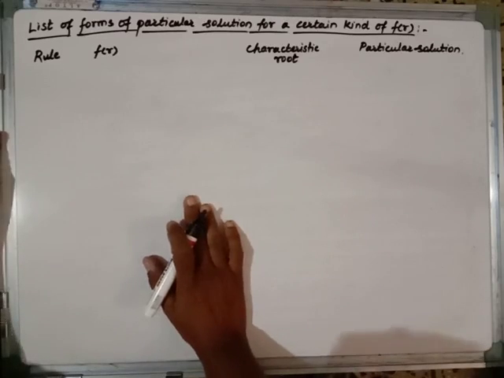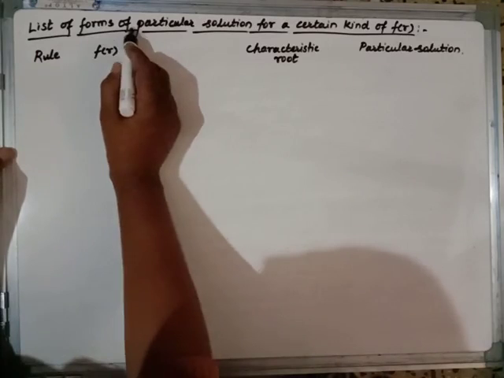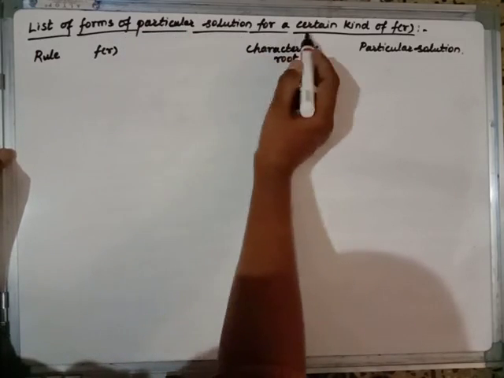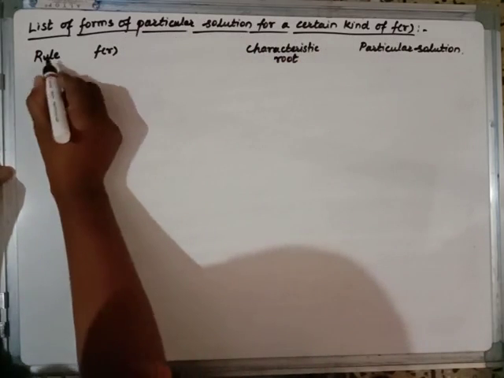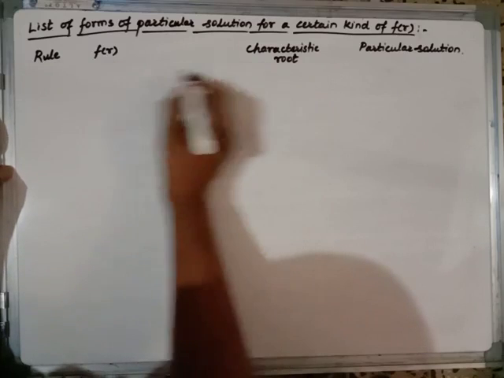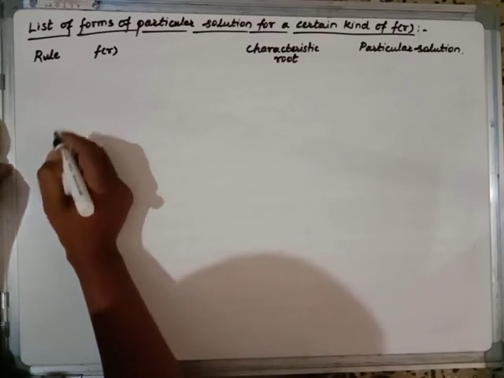Now here we will see a list of forms of particular solution for a certain kind of f(r). So let me prepare a table here, with a rule, or simply a serial number.